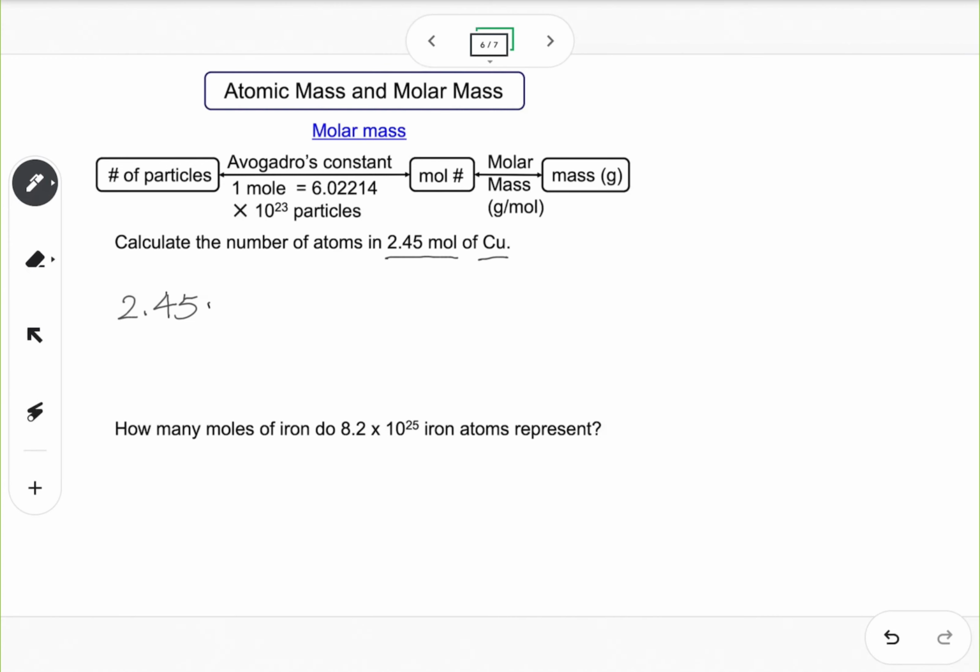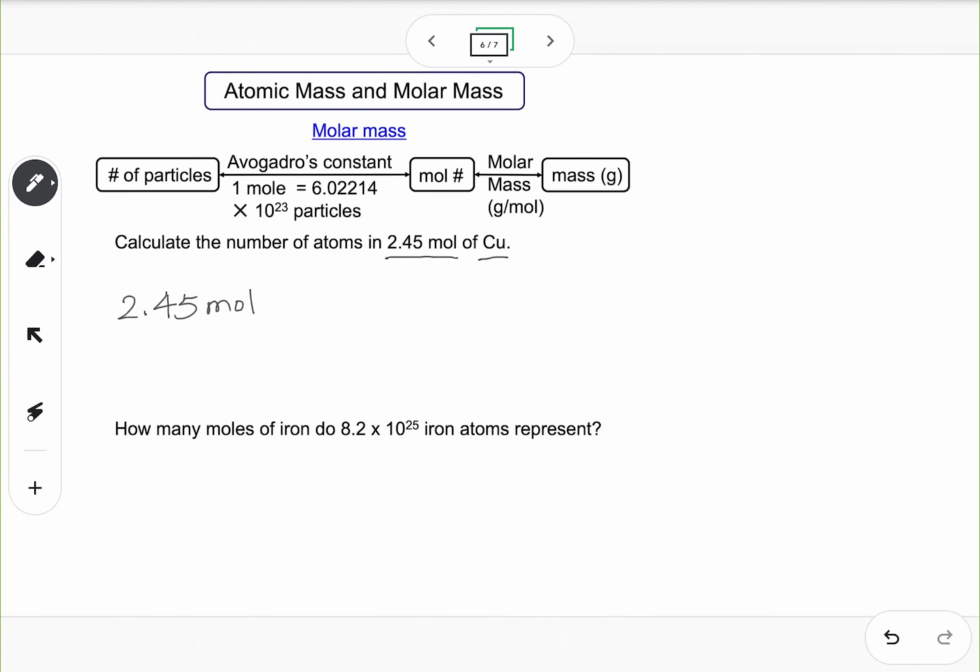You have 2.45 mole. And according to Avogadro's constant, 1 mole of copper will have 6.02214 times 10 to the 23rd copper atoms.